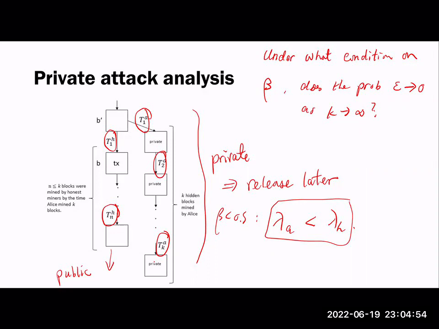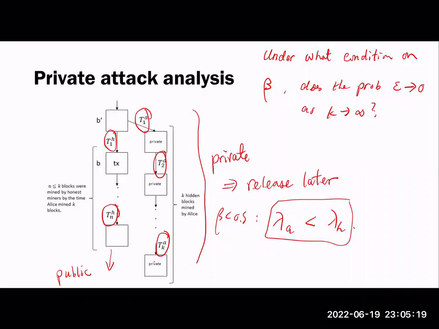So implicitly, I'm assuming that the delay in the network is very small. Very small compared to what? Very small compared to the rate at which the blocks are generated across the whole network. In other words, very small compared to 10 minutes.